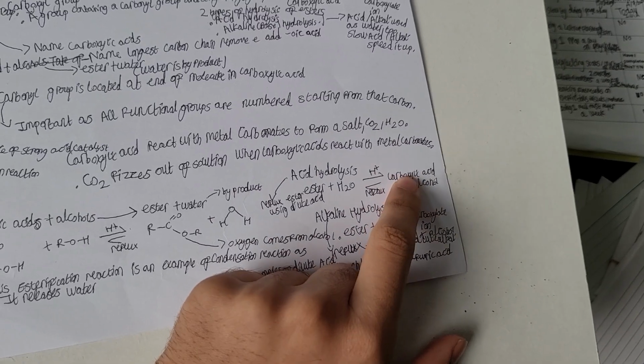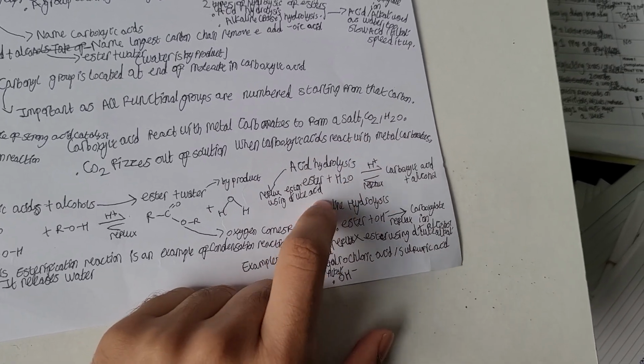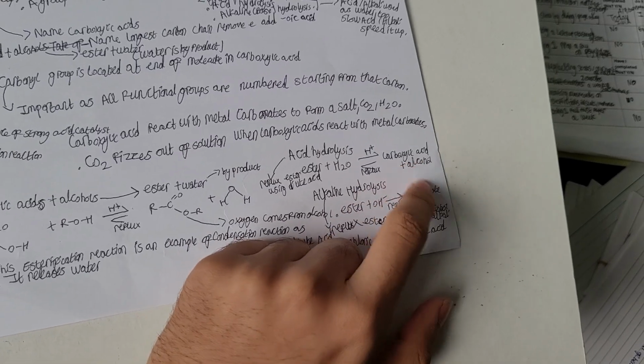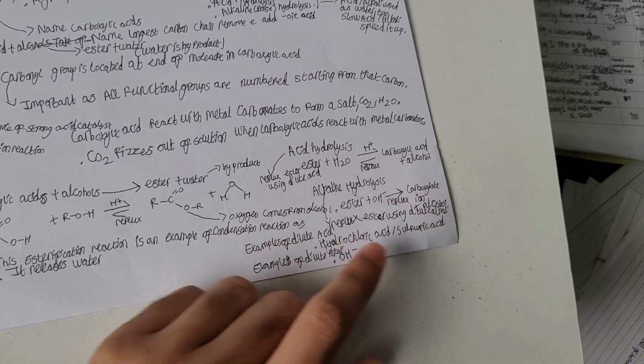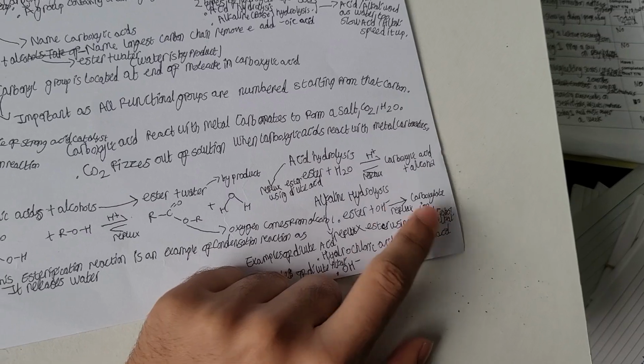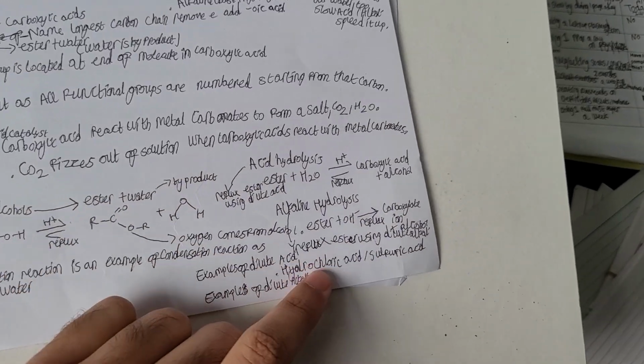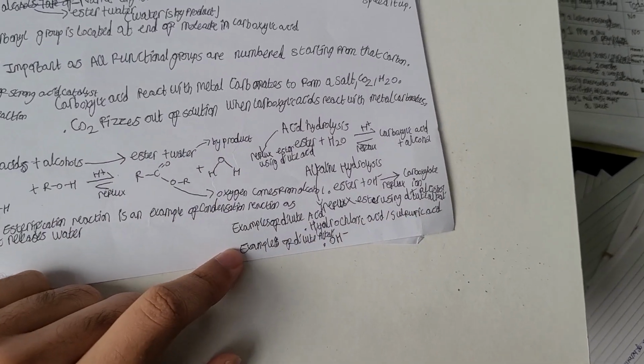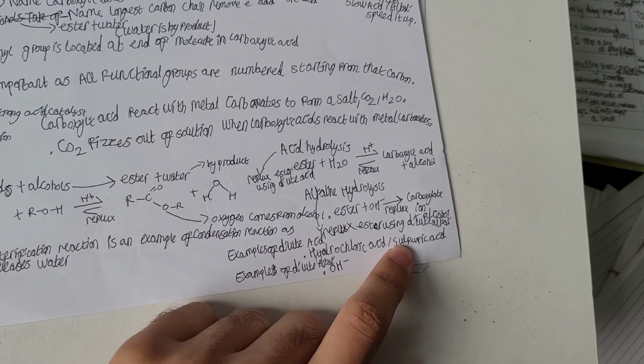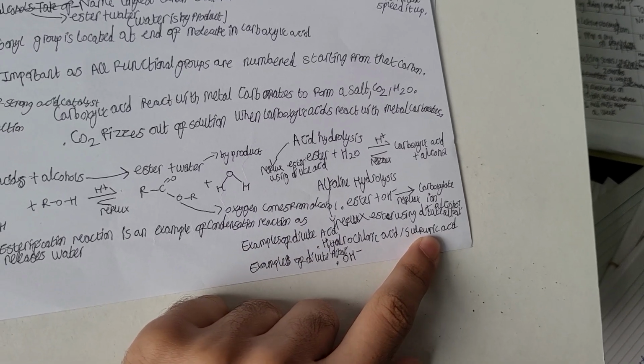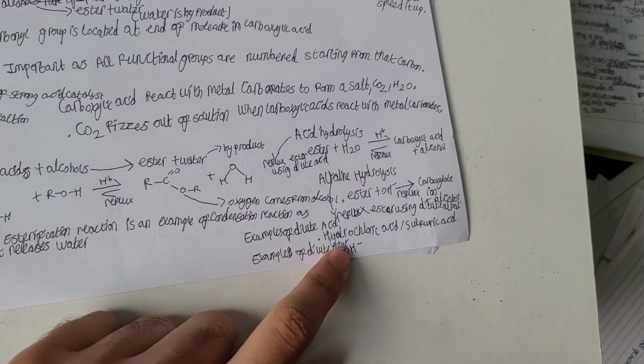However, with both acid hydrolysis and alkaline hydrolysis of the ester, we are forming an alcohol. So reflux the ester using a dilute alkali, for example OH minus. Whereas acid hydrolysis uses dilute acids such as hydrochloric acid or sulfuric acid.